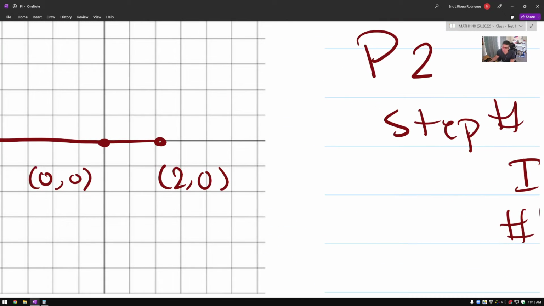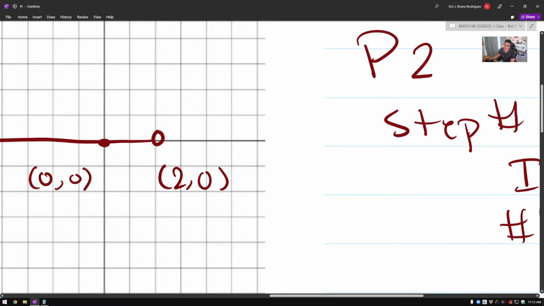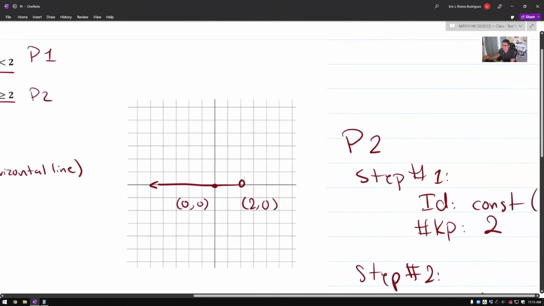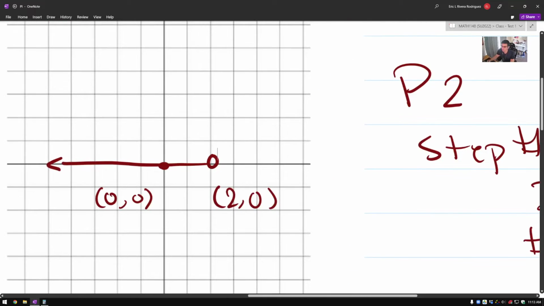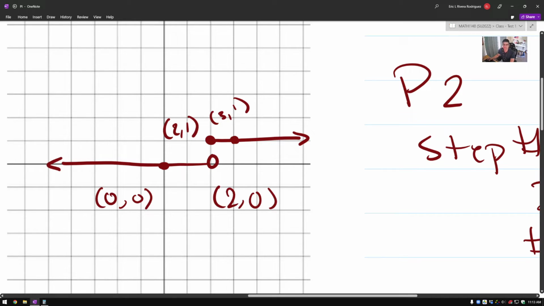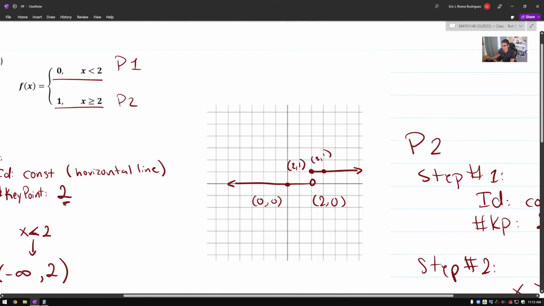Okay. This point is an open circle. I made a mistake there. I put a solid dot, but it is an open circle. Then piece number 2 is 2 and 1, and then 3 and 1, and this goes there. And that is the graph of that piece.